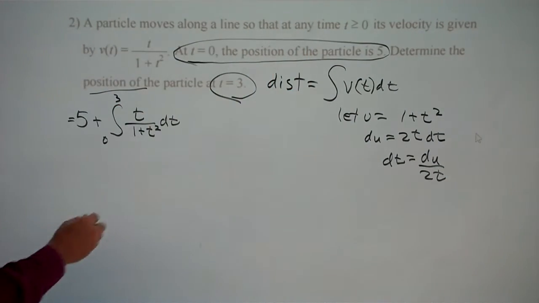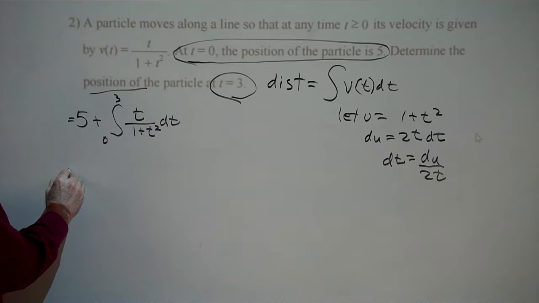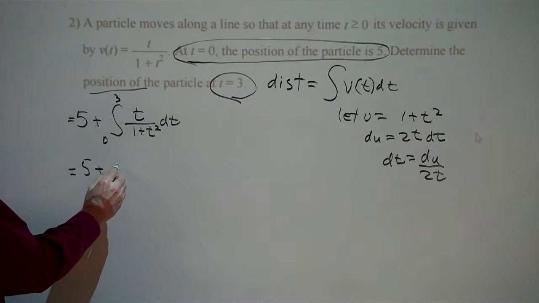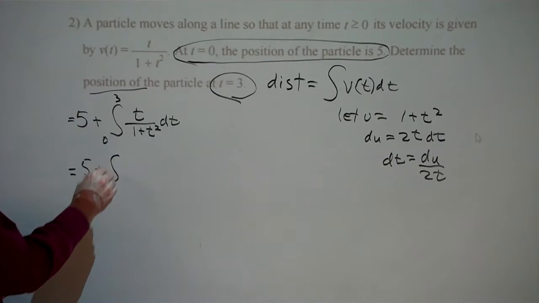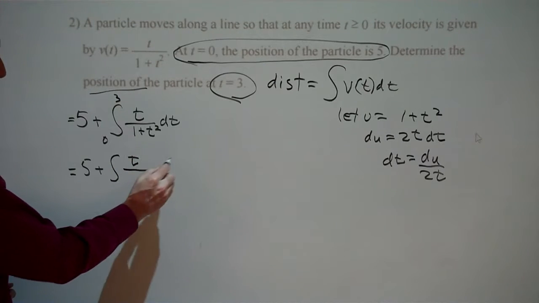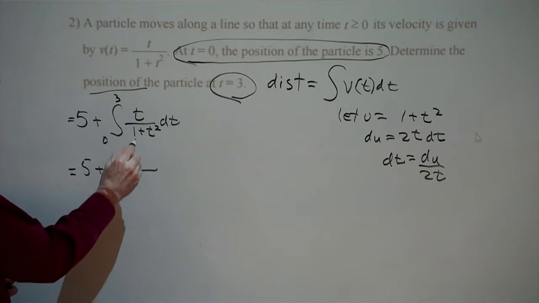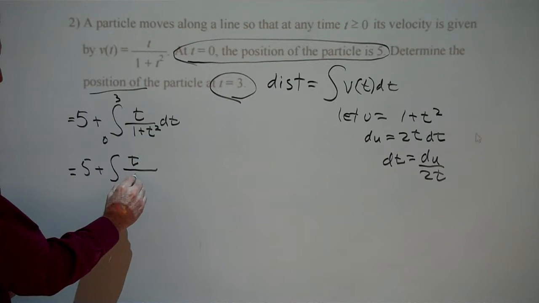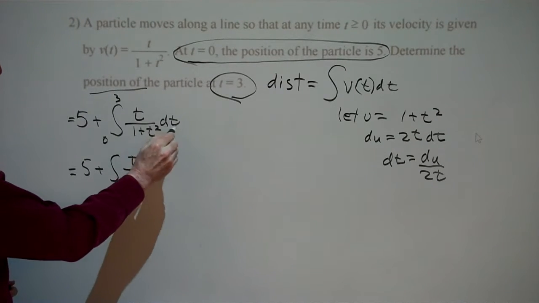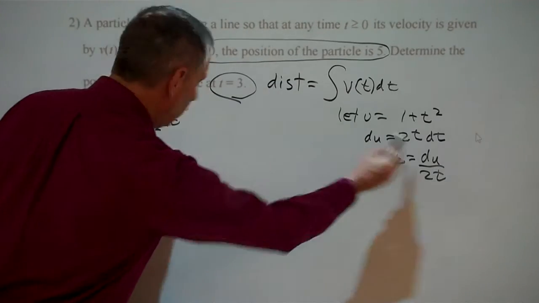So now we can come back here and rewrite this as 5 plus, and until I reestablish the limits, I'm not going to put them right here, but we have t, and we're replacing this 1 plus t squared with u, and then we're replacing this dt with du over 2t.